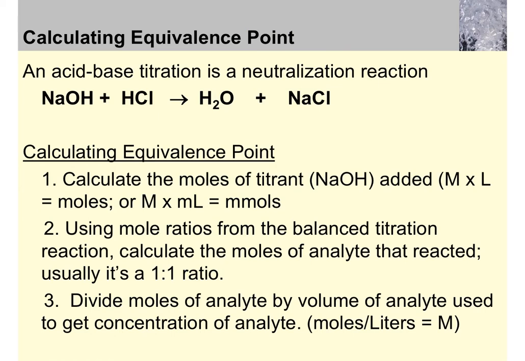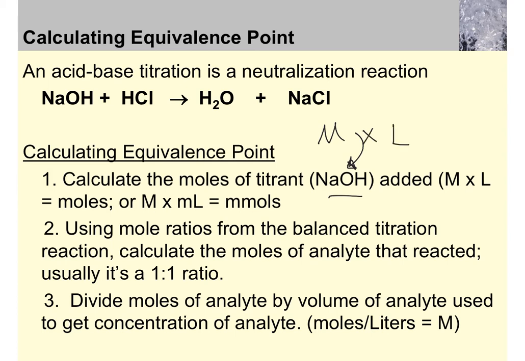How do you use the information that you've obtained from a titration to calculate the concentration of the unknown analyte? Well, it's basically stoichiometry. So you know the molarity of the titrant, the substance in the burette, and you know how much of that substance you had to add to reach the equivalence point.